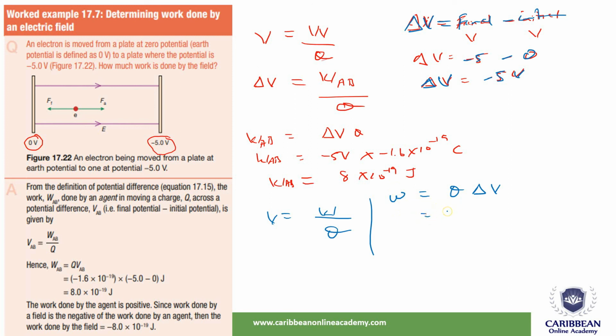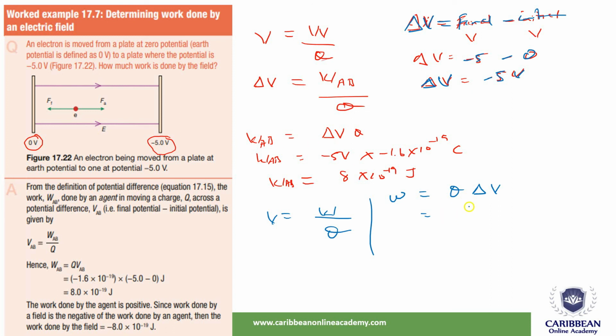Now, this work that we find is basically the external work that was done on the electron. Because imagine if you have a negative electron going to a negative plate, then obviously there must be some type of repulsive force, right? So in a sense, the work that we find here, the opposite of that is going to be the work that is done by the field.